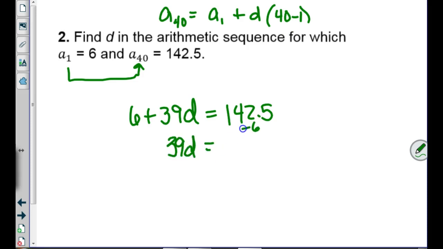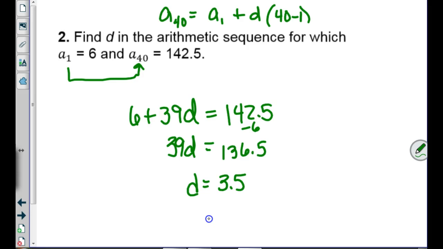39d equals 136.5. Did I do that right? That's 3.5.